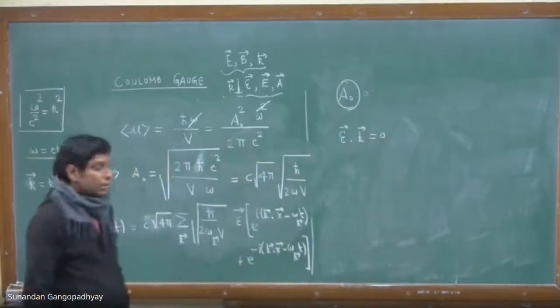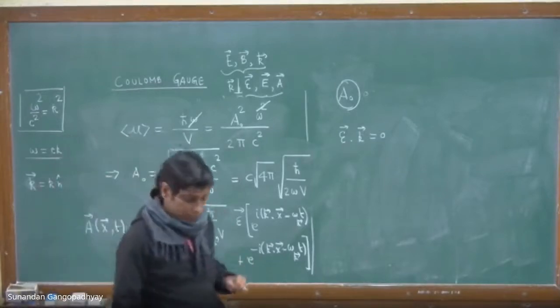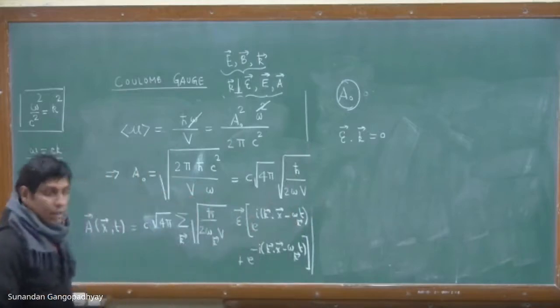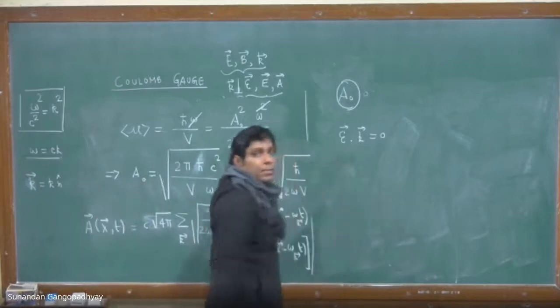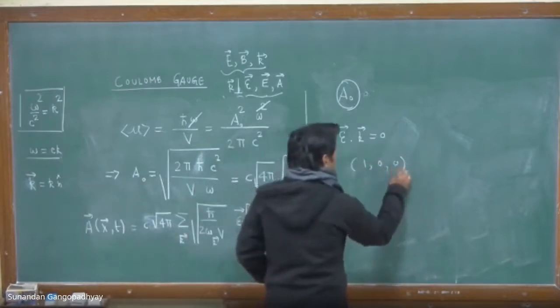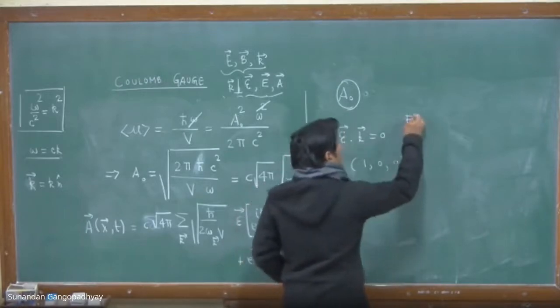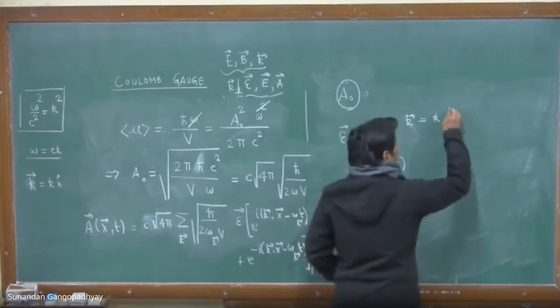Therefore, there are only two independent states of polarization, orthogonal to the direction of propagation of the plane electromagnetic field. And therefore, you can take this epsilon vector to be the unit vectors (1, 0, 0) and also (0, 1, 0), if the k vector is k z cap.